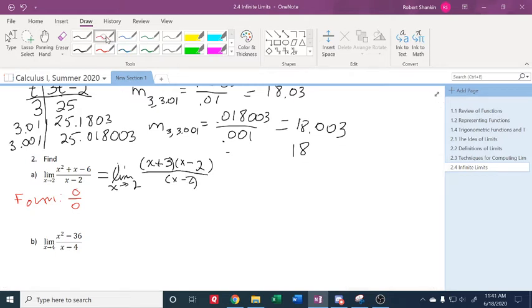Okay, and once I have them factored, these can reduce. And then I get the limit as x approaches 2 of, I just plug it in, and 2 plus 3 turns out to be 5. And that's my answer. Alright, now go to B. Work on that one.